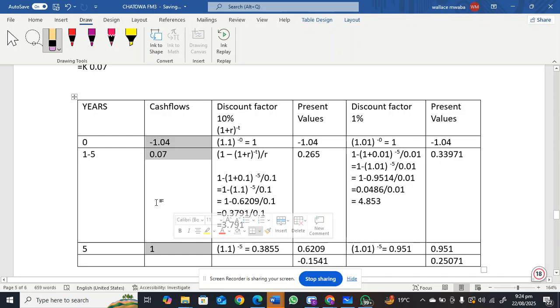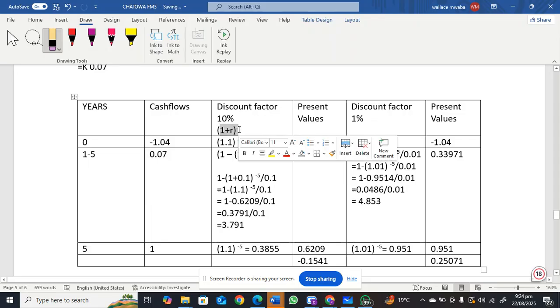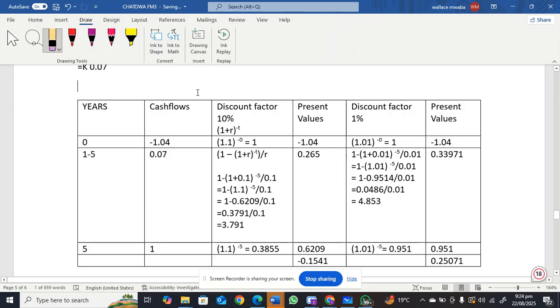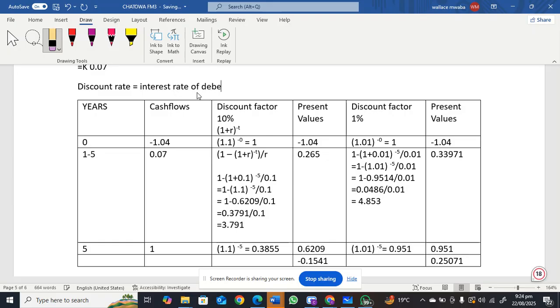Okay. Just the way we do the internal rate of return. Okay. So for year 0, for your discount factor, you're just going to use 1 plus r to the power negative t. The discount rate is the interest rate of the debenture. Okay.